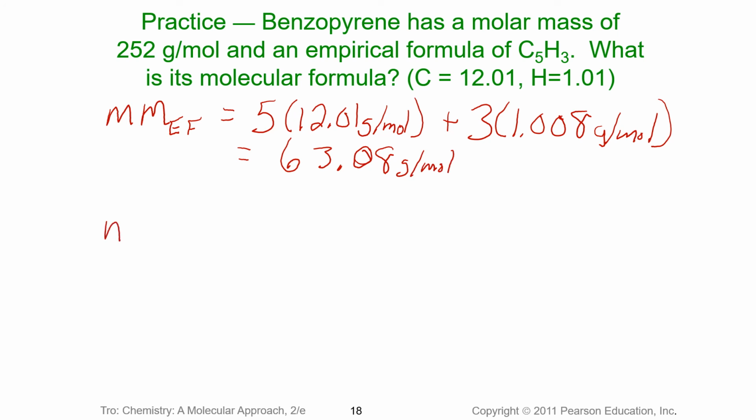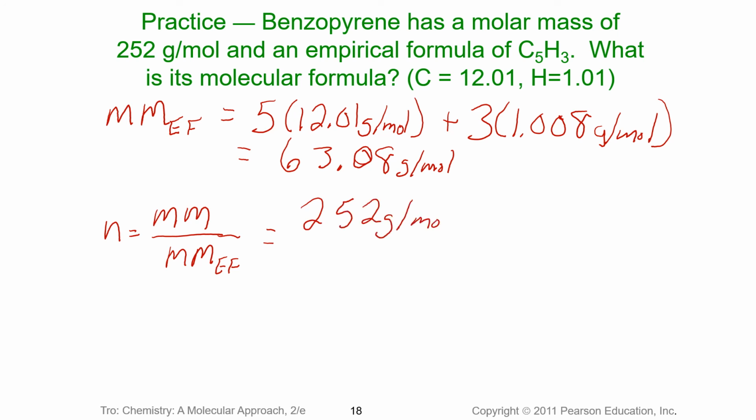We're now going to compare the molar mass of the compound to that mass that we just found of the empirical formula. So 252 grams per mole for our molar mass compared to 63.08 grams per mole.